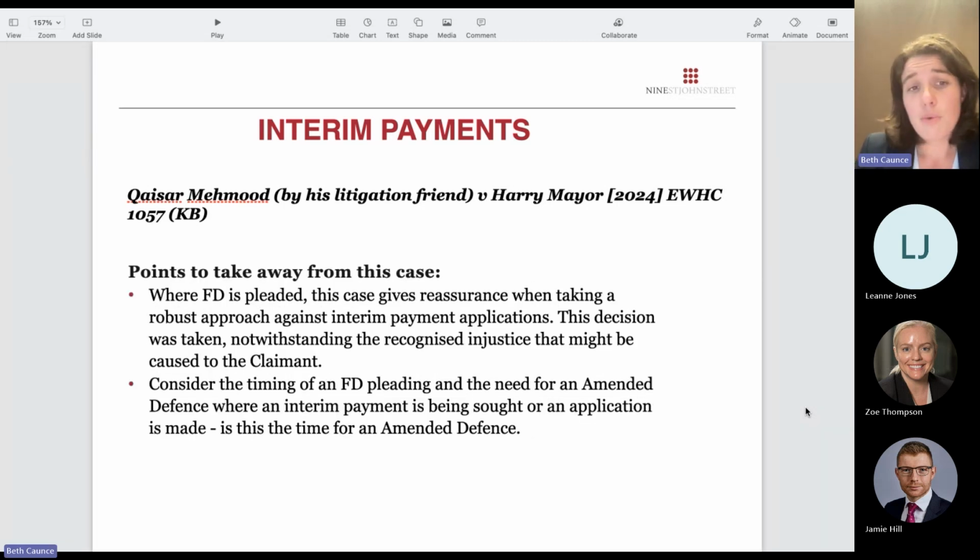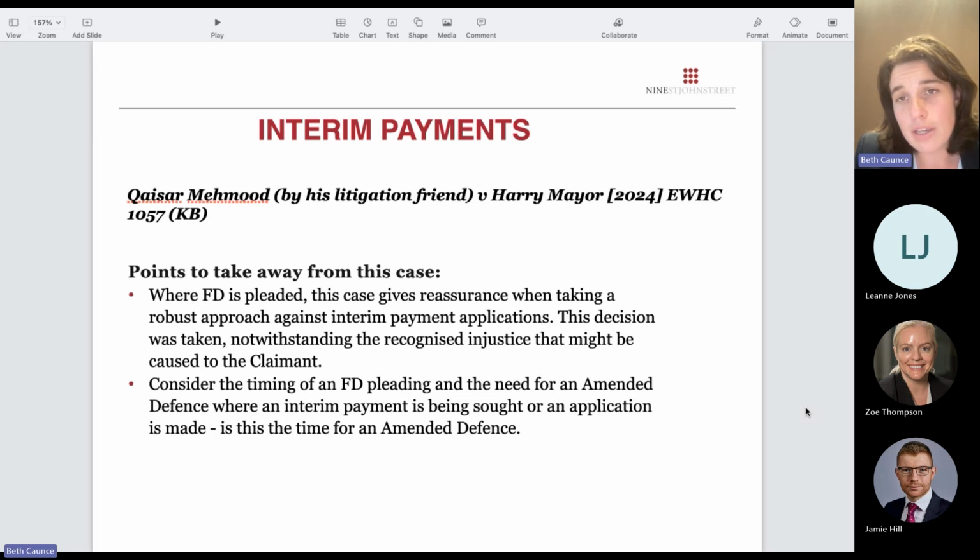So, some points to take away from this case. Really, what this case does is give reassurance to taking a robust approach against interim payment applications where FD is a live issue. The court recognised that some injustice might be caused to the claimant. He was after money for treatment that had been recommended, but the court still rejected the application.